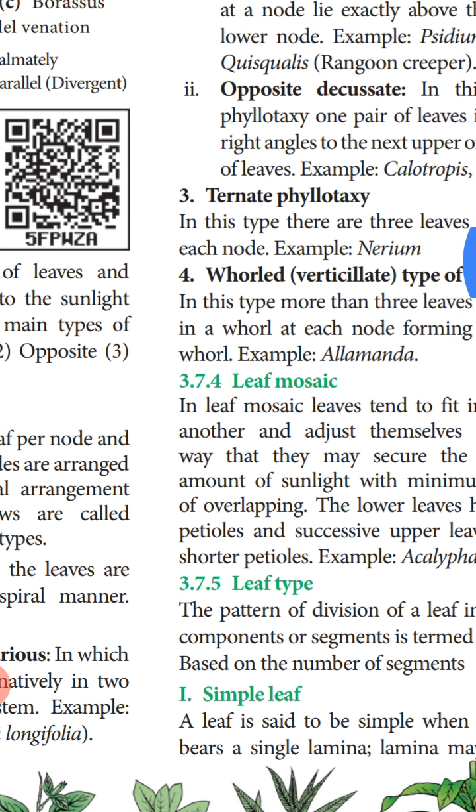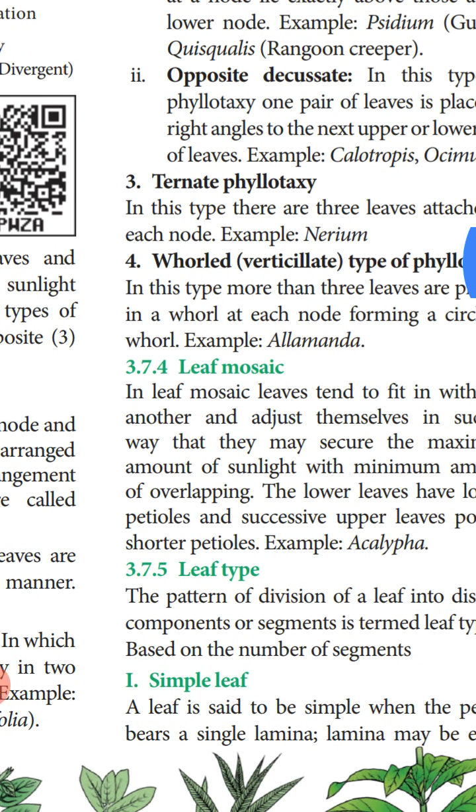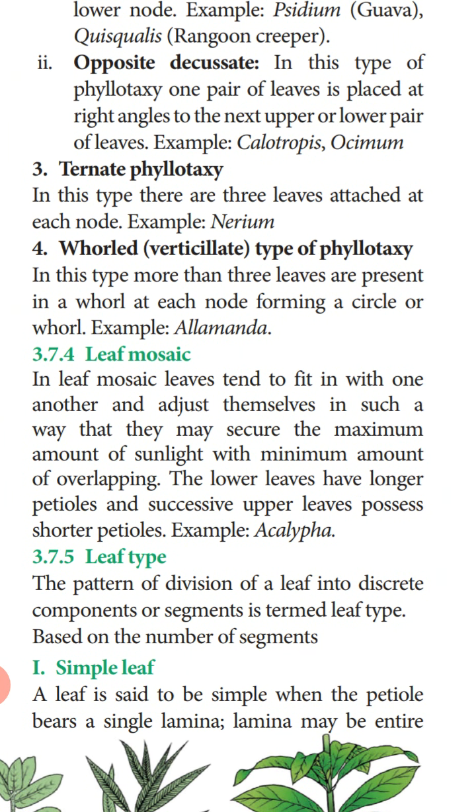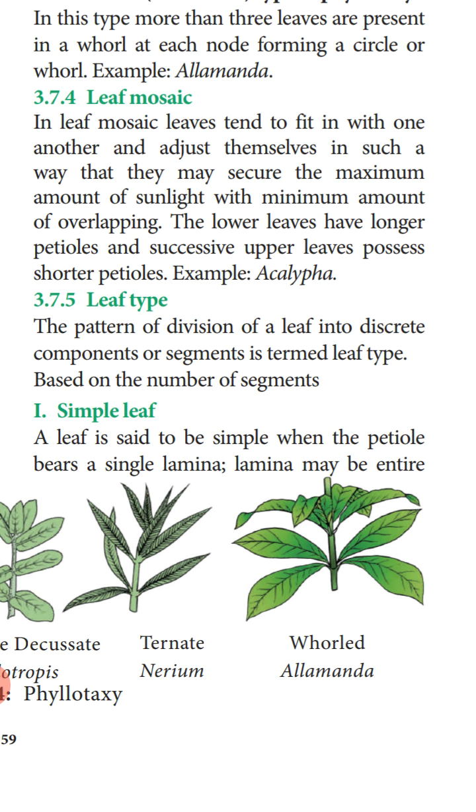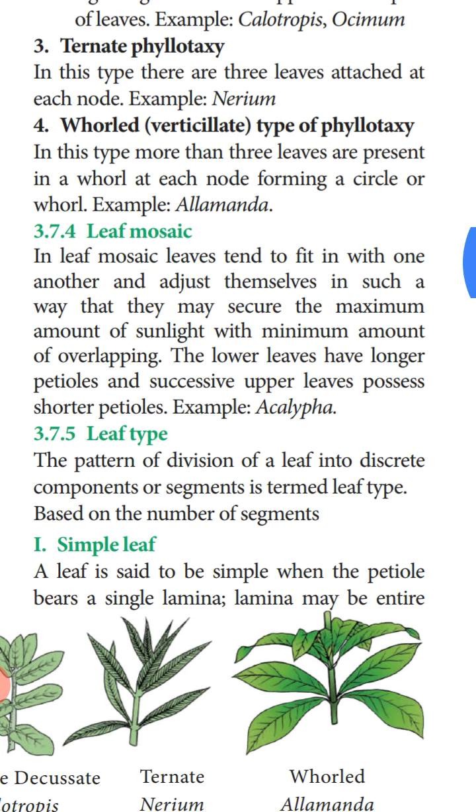Next, the third type of phyllotaxy is the ternate. In this type, there are three leaves attached at a node. Example, Nerium. So here in this diagram you can find that in one node three leaves are arising. Then it is called the ternate. Example for ternate phyllotaxy is Nerium. Next is the whorled or verticillate type of phyllotaxy.